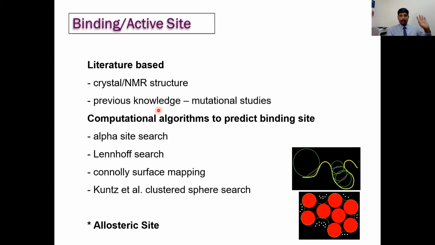If you don't have an NMR or X-ray crystallography structure, or even any mutational studies, so how to go? It's a new protein, nothing is known about it, and we just need to predict its active sites. Then there are some algorithms which can help you to predict the active site, like alpha site search, Lenhoff search, Connolly surface mapping, Coons et al. clustered sphere search.